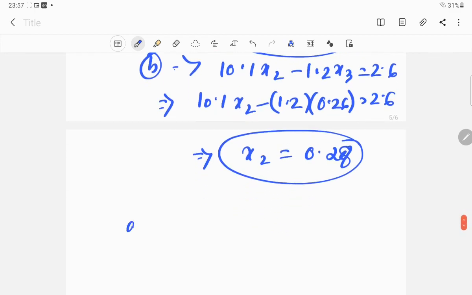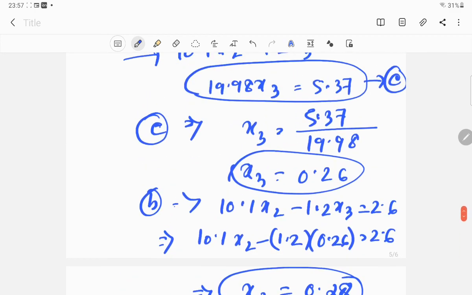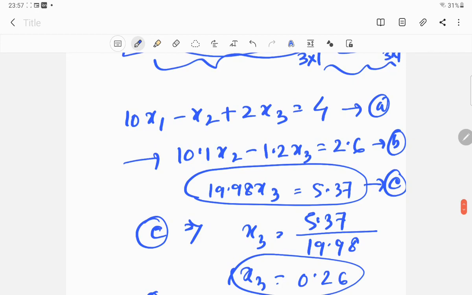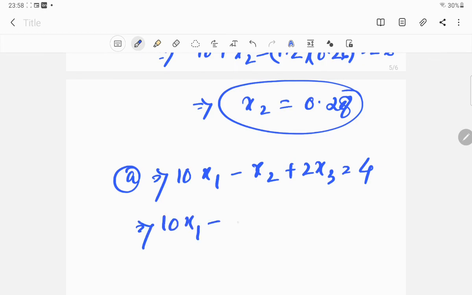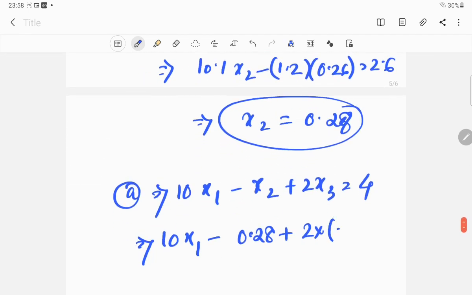Now we have the value of x3 and the value of x2. Now you can go to equation A, which implies 10x1 minus x2 plus 2x3 is equal to 4. So 10x1 minus 0.28 plus 2 into 0.26 equals 4.